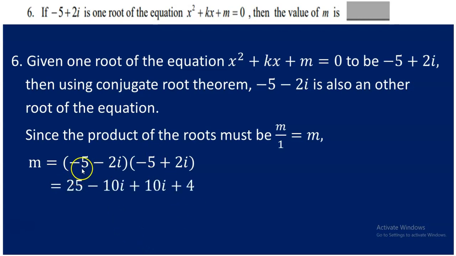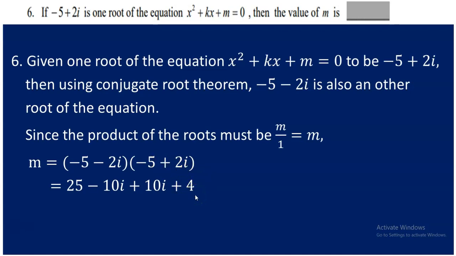And well, let me show you. Negative 5 times negative 5 makes 25, negative 5 together with 2i makes minus 10i, and minus 2i together with minus 5 makes positive 10i, and minus 2 times positive 2 is negative 4, but i times i makes i squared, and as we know, i squared is minus 1 by definition, so minus minus turns that to positive.